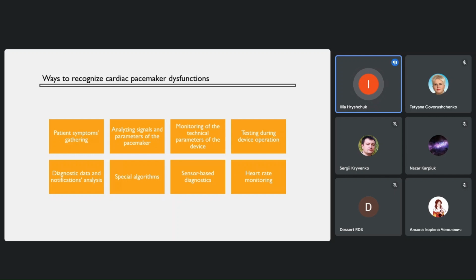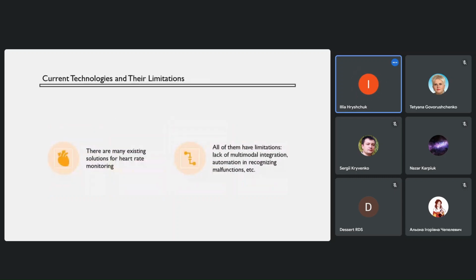Another one is testing during device operation. The doctor can conduct special tests to check the correctness of the pacemaker and identify if it has possible dysfunctions. Another one is diagnostic data and notification analysis. It means that the device can transmit diagnostic data and notifications about any errors and abnormal situations through its sensors, and so on. We have a lot of ways to recognize it.